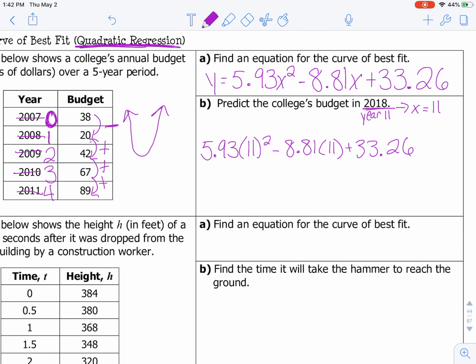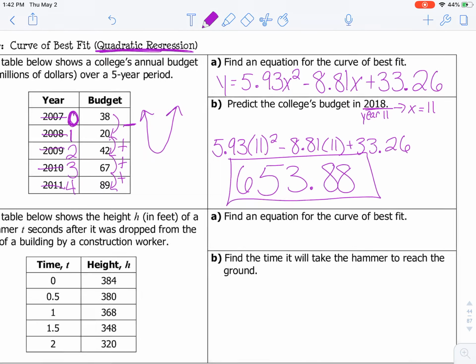And that gives me a pretty good heads up that our, let me type it in, 5.93 times 11 squared minus 8.81 times 11 plus 33.26. So I get 653.88. And that's going to be our answer.